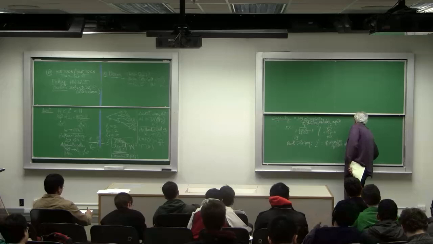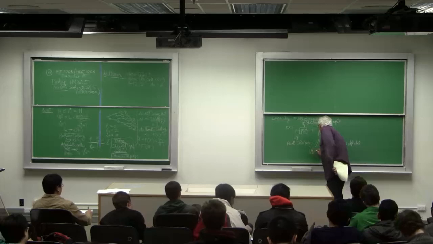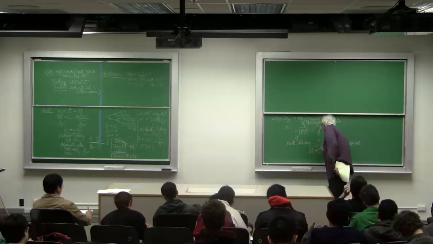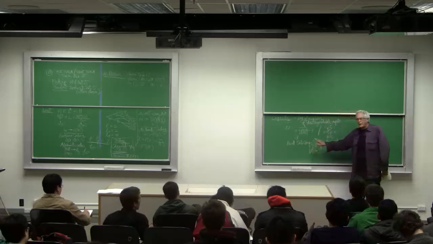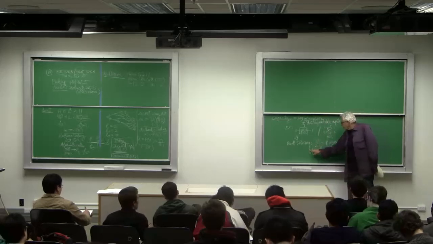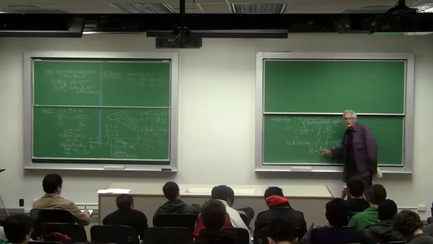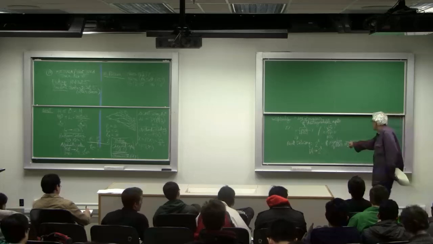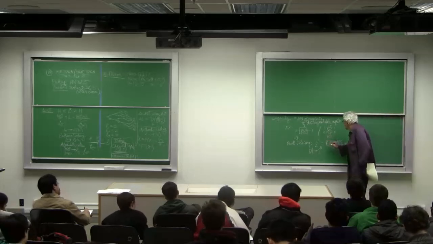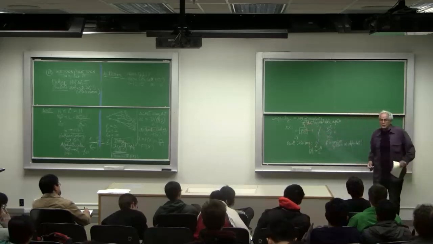Well, what do I mean? We had an original alphabet X, and because of data compression, we can compress these M symbols in X to 2 to the H symbols here. So that's a vague statement, but we've made it precise.